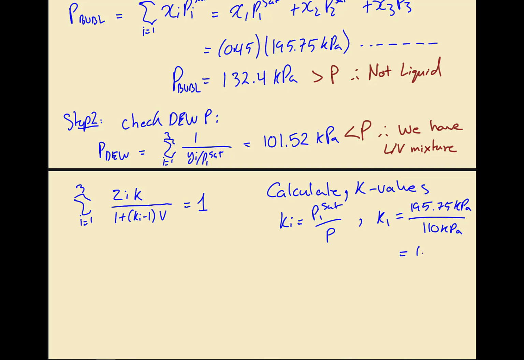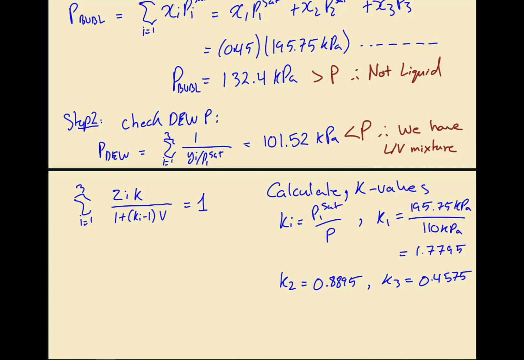That gives you 1.7795. Do the same thing for the other two components. You're going to get K2 is 0.8895 and K3 is 0.4575. So we know our K's. Now we move on to try to solve for the vapor.